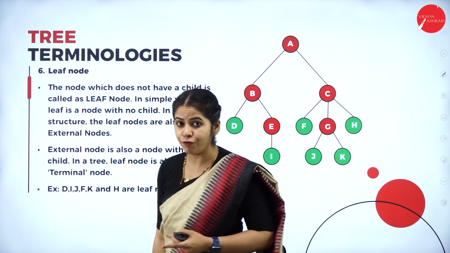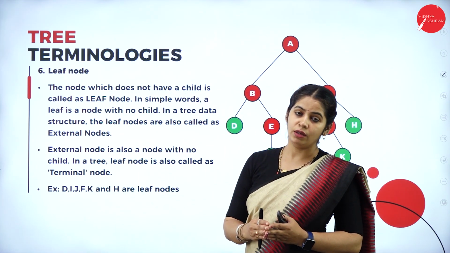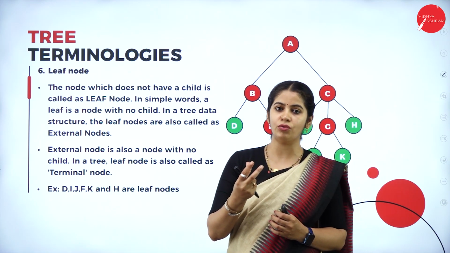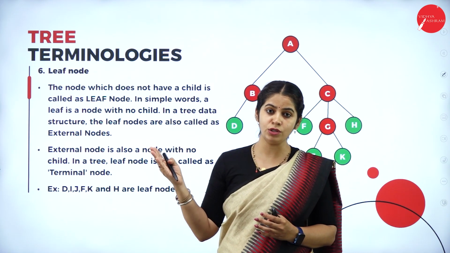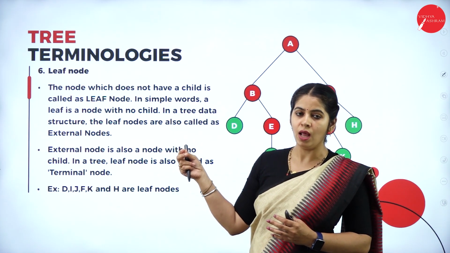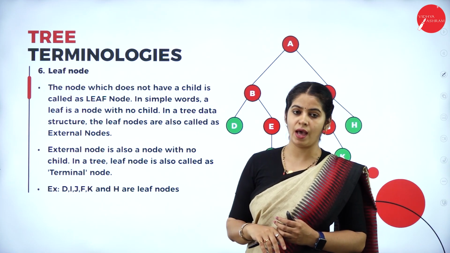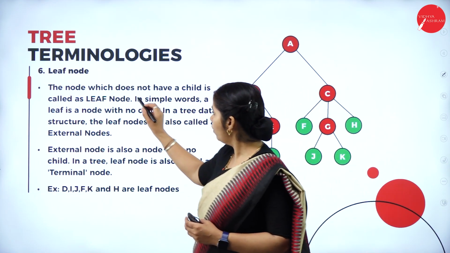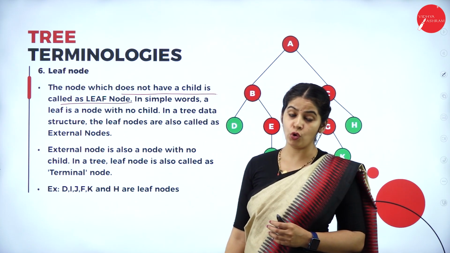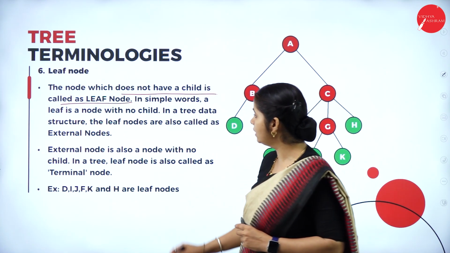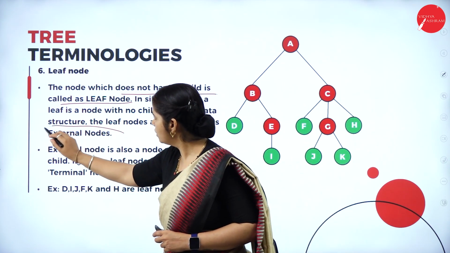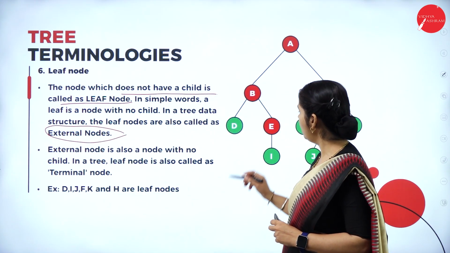Then what is a leaf node? Leaf means it should be the last node of the tree. Leaves in trees are at the last positions of the branches. Similarly, here also we have leaf nodes. A leaf node, which does not have any children, is also called a terminal node or an external node.